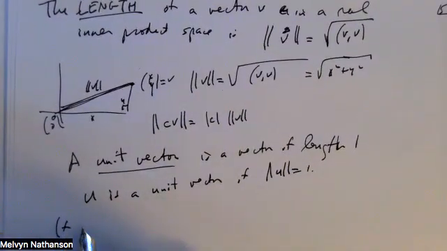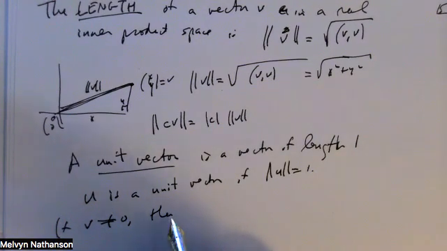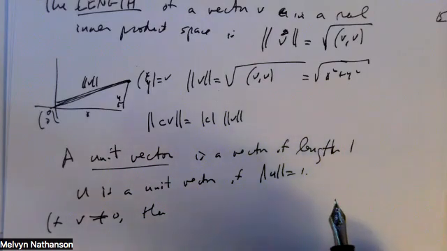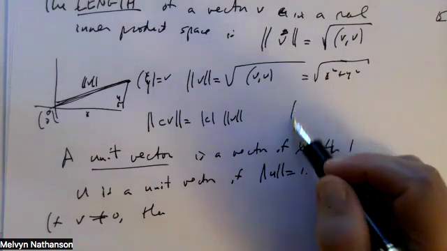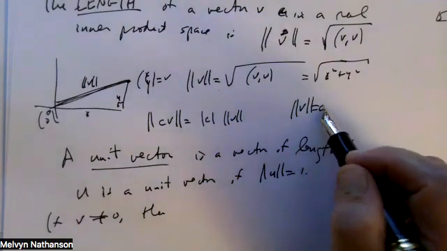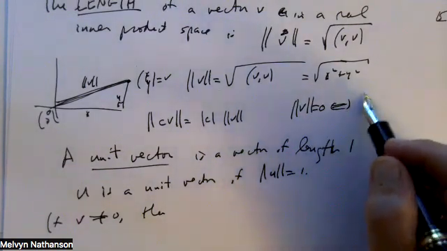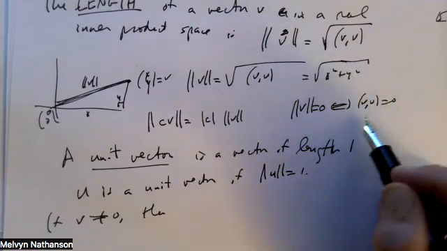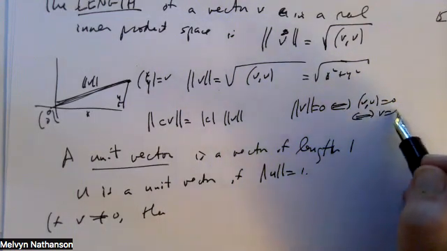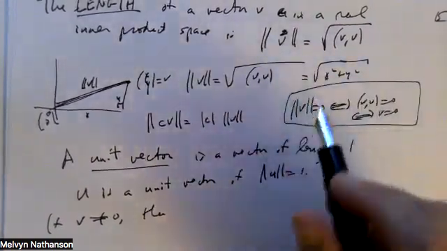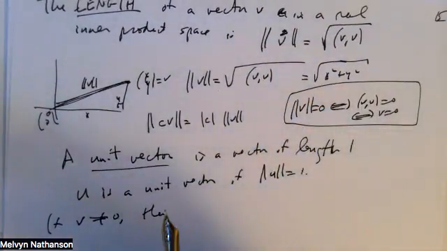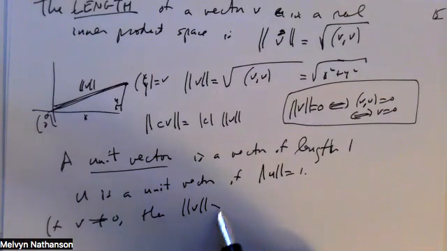And I should also say, the length of a vector V is 0 if and only if the inner product of V with itself is 0, if and only if V is the zero vector. So the only vector that has 0 length is the 0 vector. If V is different from 0, then the length of V is positive.